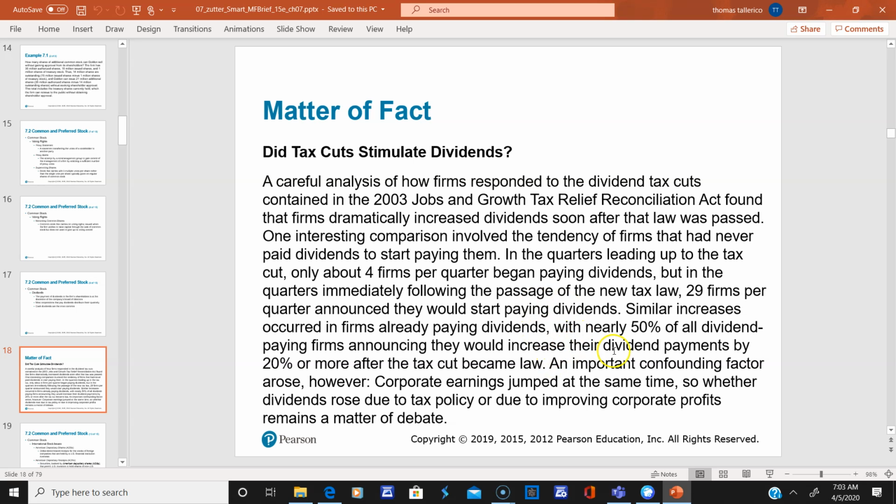And they have some good statistics here about how they did when there was a tax cut, and in general, does it stimulate dividends? So recently there was a tax cut by Trump, and I didn't notice any changes in my dividends.